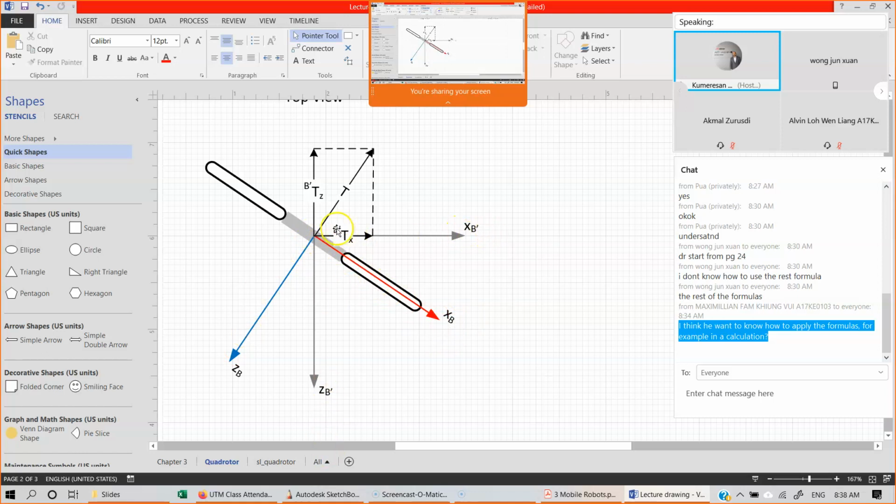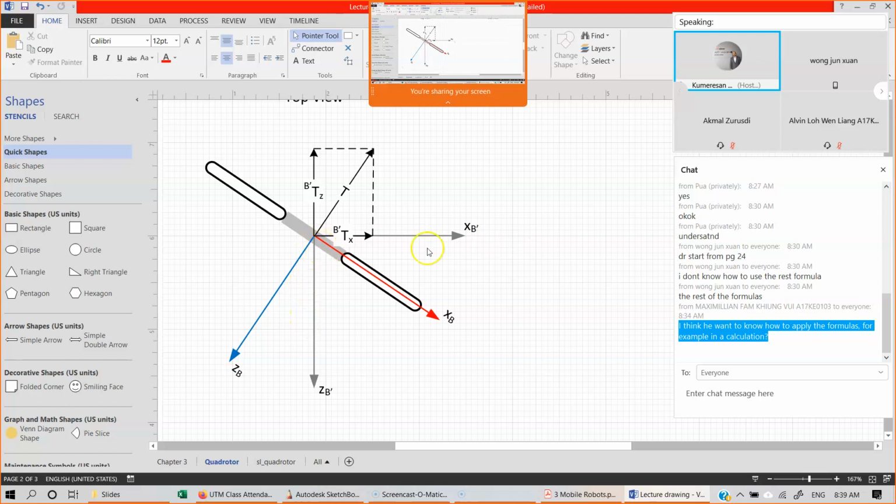So coordinate frame B prime is always, no, it's a coordinate frame, right? So you cannot say parallel to Z axis. So it's always parallel to the world coordinate frame. At least the xy plane of B prime is parallel to the world xy plane.